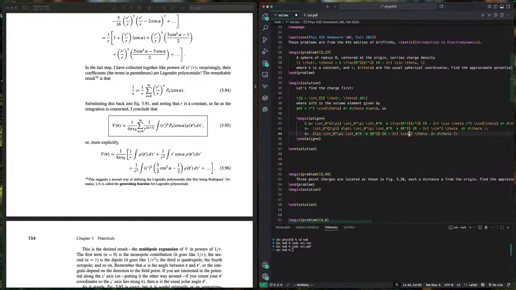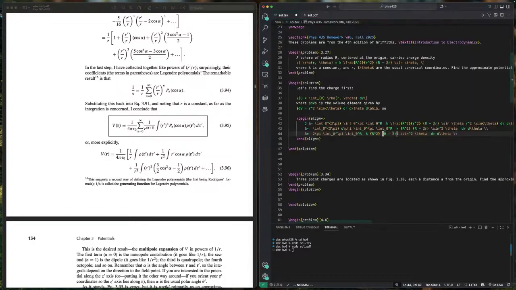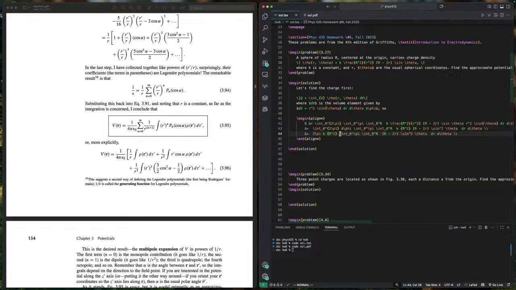What about the rest though? K and r squared are both constants. And then we also have an independent integral, so we can just split up the sine squared term to over here, d theta terms as well. And then now we just need to evaluate.